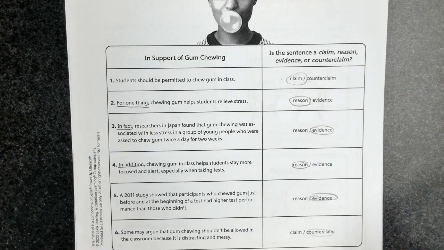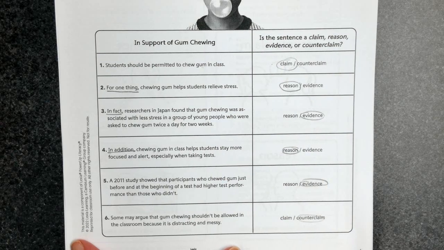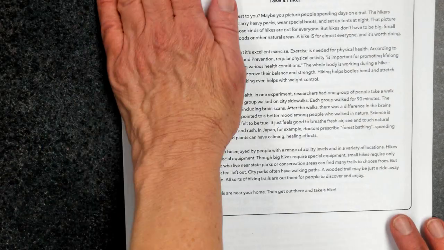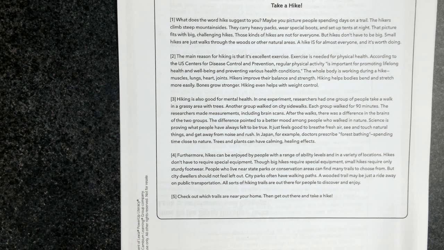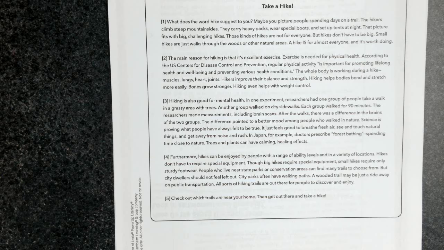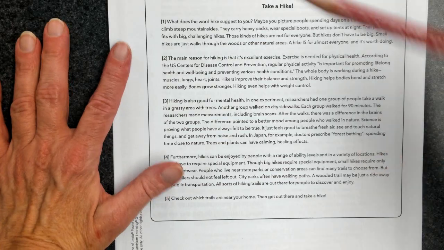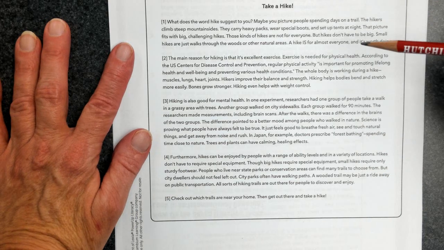And we just got done on page 2 looking at identifying them as claims or reasons or evidence. Okay. All right. So now, this is called Take a Hike. Let's read this one aloud. So, Anna, I'm going to have you start with the first paragraph, okay?